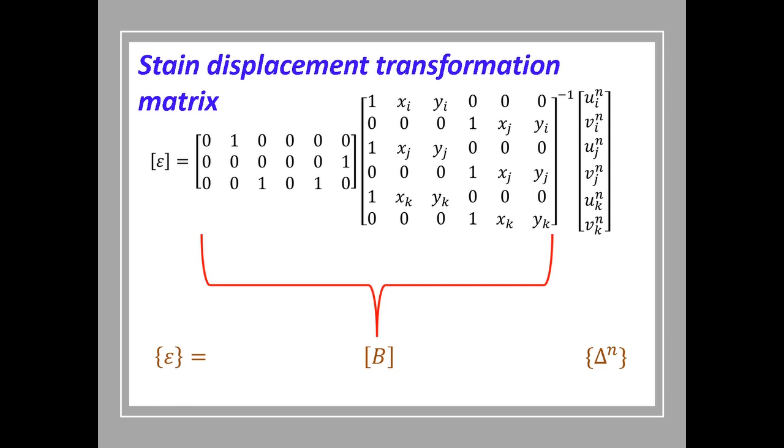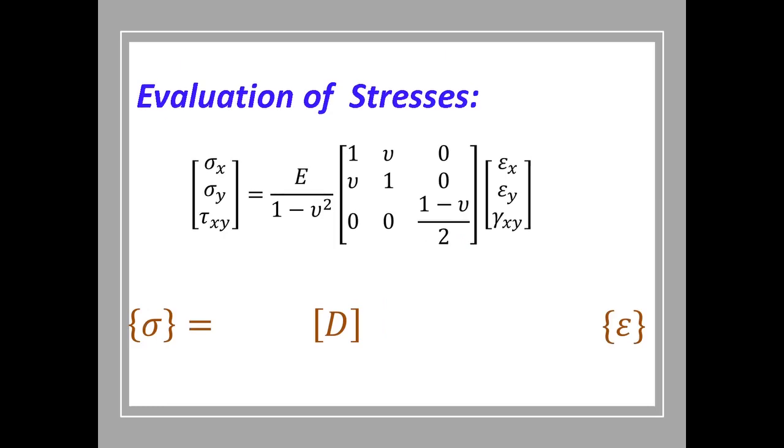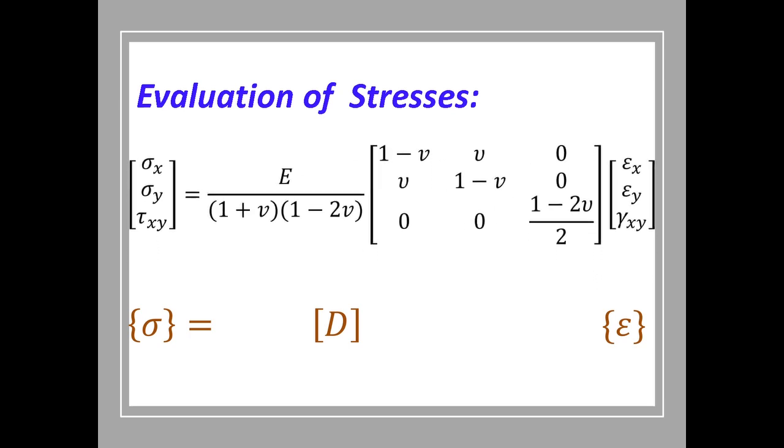Note that the strain displacement transformation matrix B is basically a product of a known matrix by the inverse of matrix A of known coordinates. The constitutive equations as shown in matrix D relate the stresses to strains. The plane stress elastic solution equation for an isotropic material with known Poisson's ratio mu and Young's modulus E is presented here. And this is the constitutive equation for the plane strain solution.